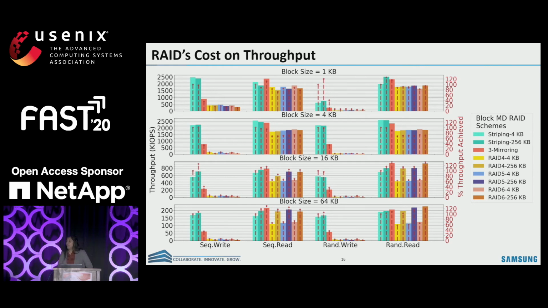Because this is not apples to apples, we'll be seeing them in two different slides, the RAID and the KVMD. And here, the y-axis on one side is for the bar graph, which shows the throughput in KIOPS. And the other side shows the percentage throughput achieved in terms of the first option, which is striping with 4 KB chunk sizes.